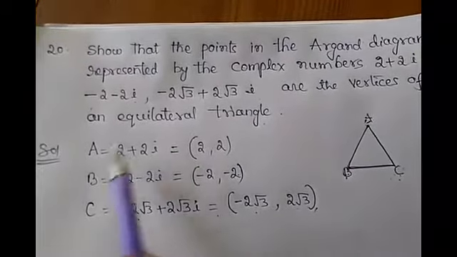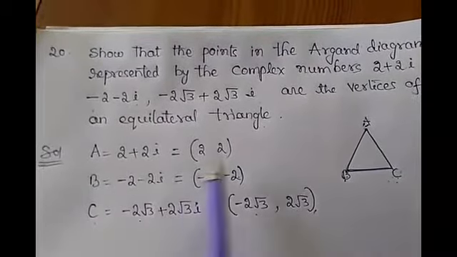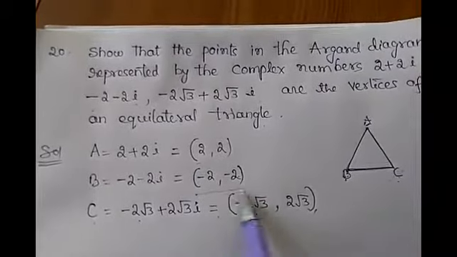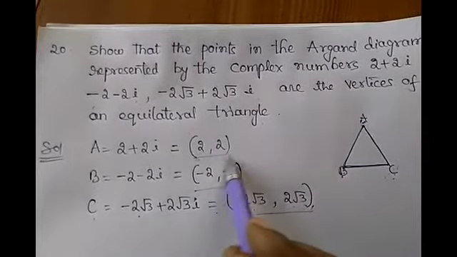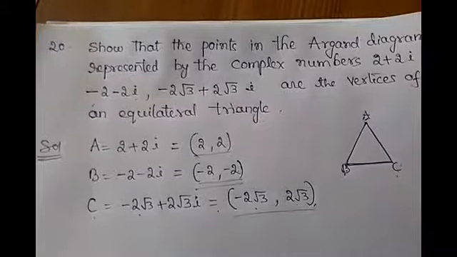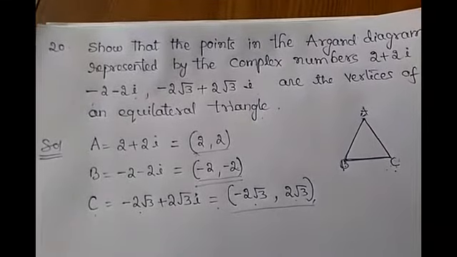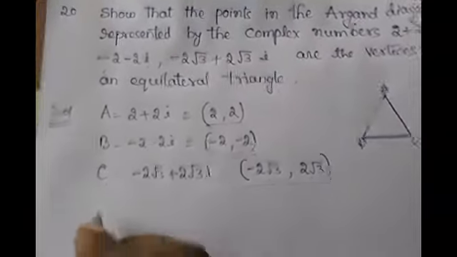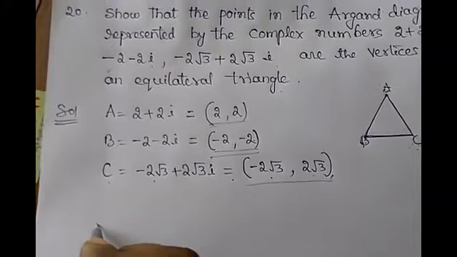So the complex numbers A, B, C are now in the form of points. So now it is easy to find the distance between two points. What is the distance between any two points?